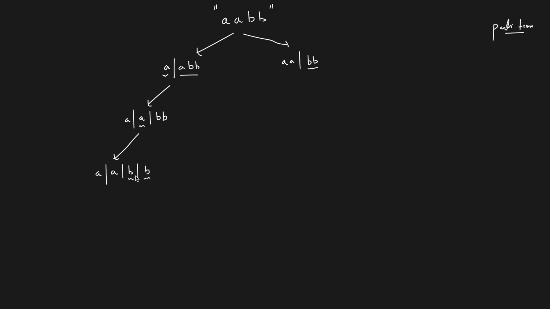Now, since you did a partition here, can you do a partition right here? Yes, you can do that partition. And if you do that, what you'll get is A, A, and since you did the partition at the end, you will get BB.